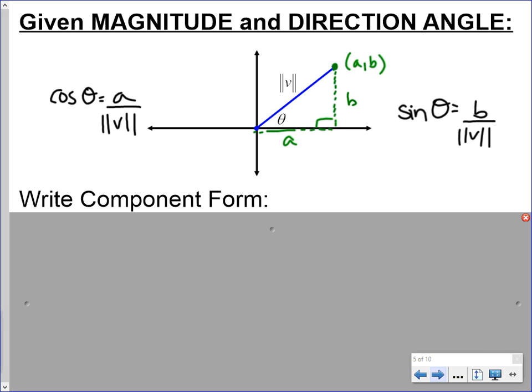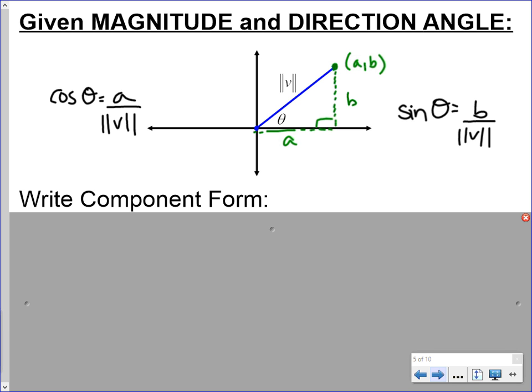And then remember, our job is, we don't know a and b. Because if we knew a and b, then we'd have component form, so we wouldn't have this issue. We don't know a and b, so they can't be part of what we need to write it in component form. So let's solve for a and b. What would you have to do to both equations in order to get a or b all by itself? Multiply by what you're dividing by, the magnitude of v.